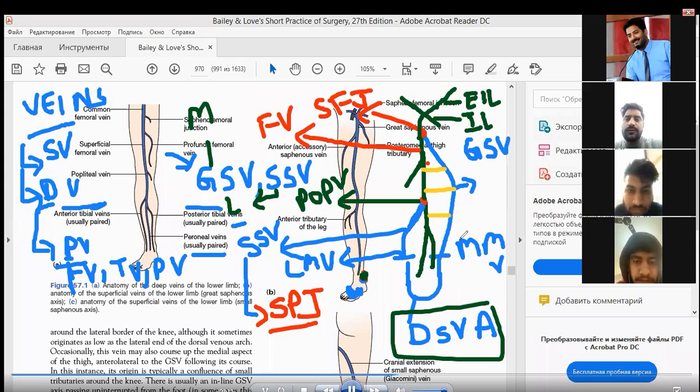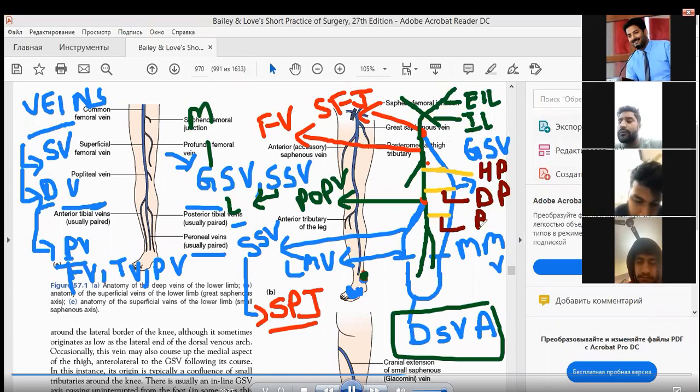Number one, the mid thigh perforator, which is known as the Hunterian perforator. The perforator present above the knee is Dodd's perforator. The perforator present below the knee is known as Boyd's perforator.